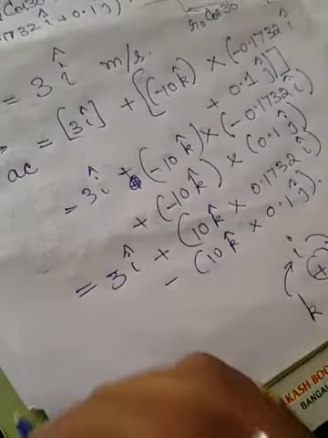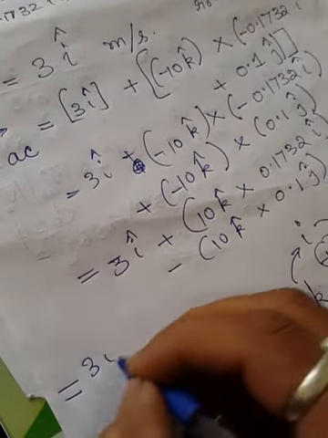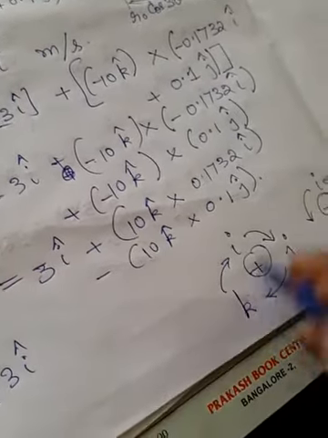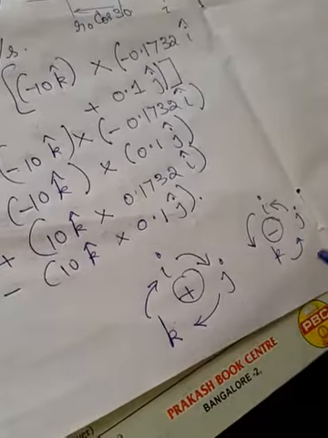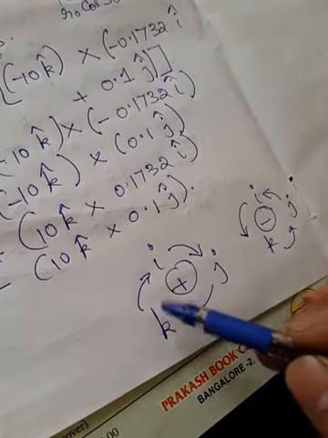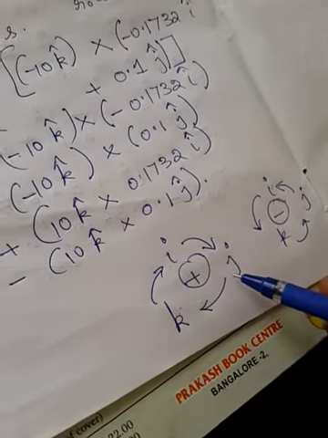According to this rule, what do we have? 3i. Now here k is crossed with i, and k cross i gives plus j.